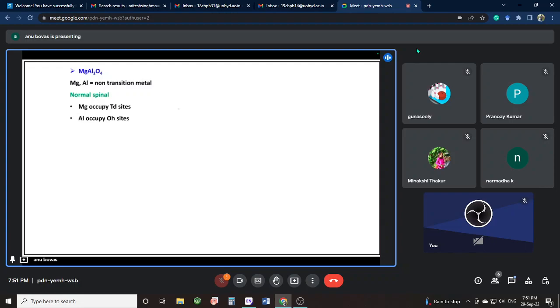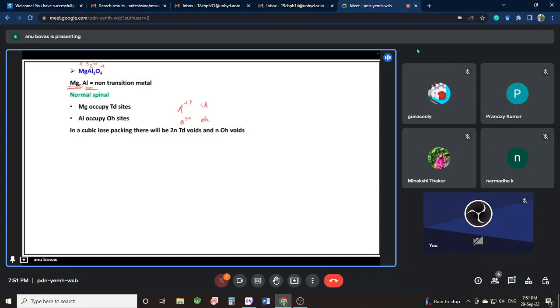In the case of normal spinel, A2+ occupies the tetrahedral position and B3+ occupies the octahedral voids. Here A2+ is Mg2+ and Al is Al3+, right? As per the formula AB2X4. Okay, so Mg will occupy the tetrahedral sites and aluminum will occupy the octahedral sites.